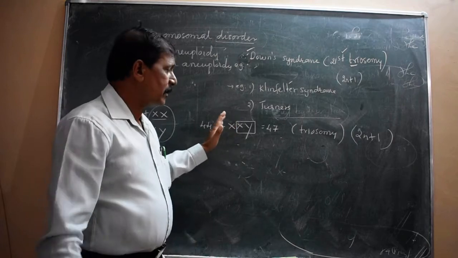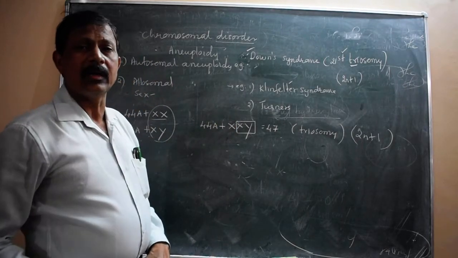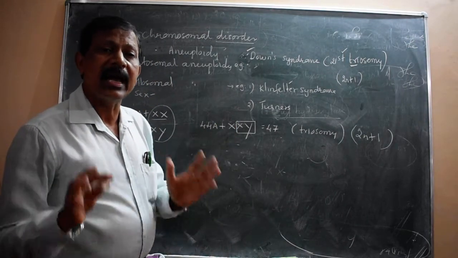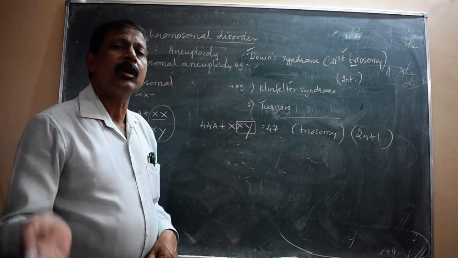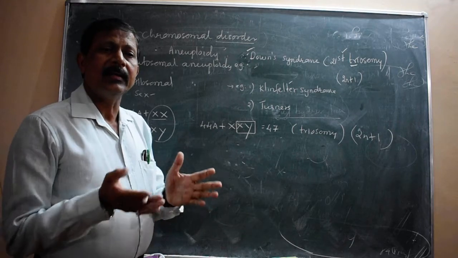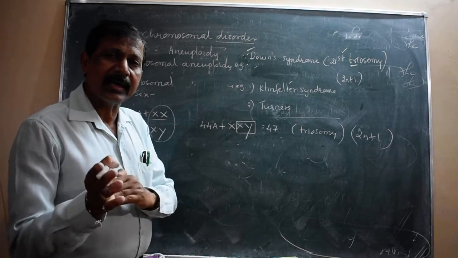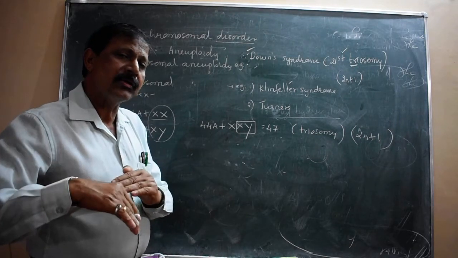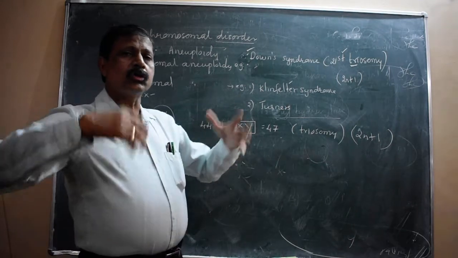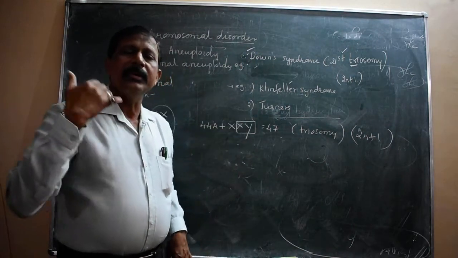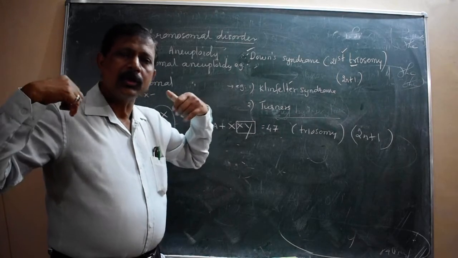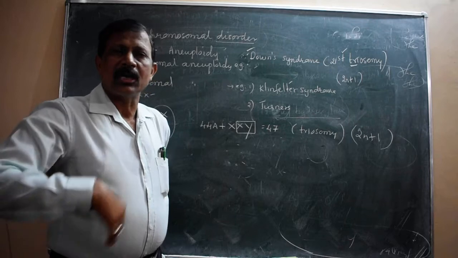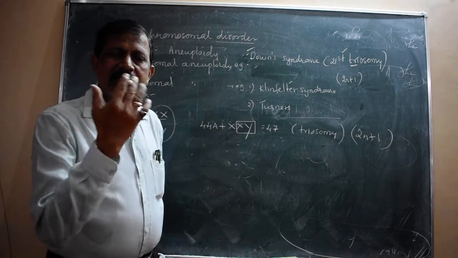Such individuals are generally sterile, and they may not be completely male or completely female; both male and female characters are there. The male characters are a very tall stature, beard and mustache, broad shoulders, male stature and a male voice.